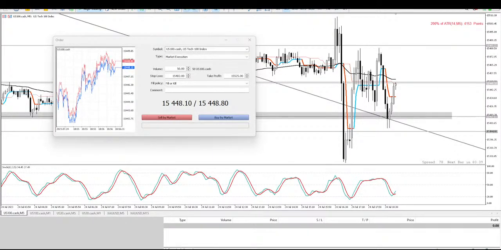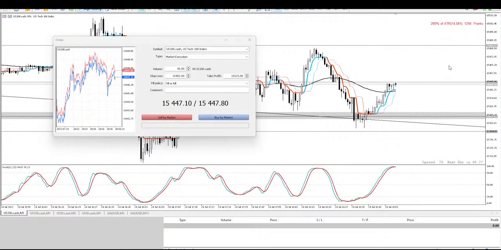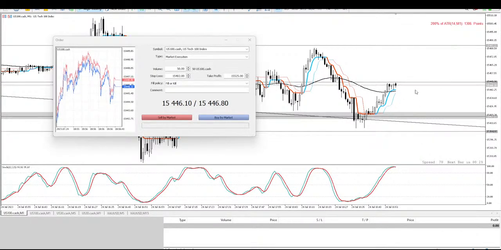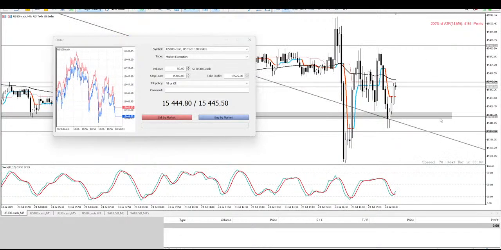We had a good 5-minute close. Not great, but I'd have preferred a bigger wick on the bottom. My only concern here is that we're getting close to lunchtime.